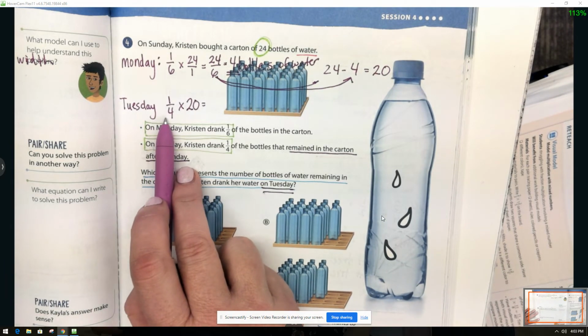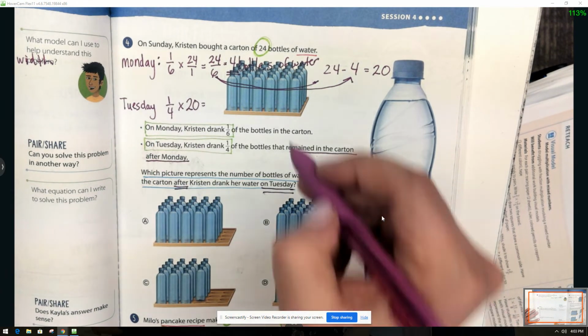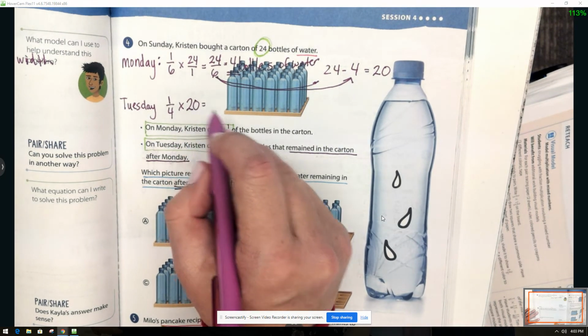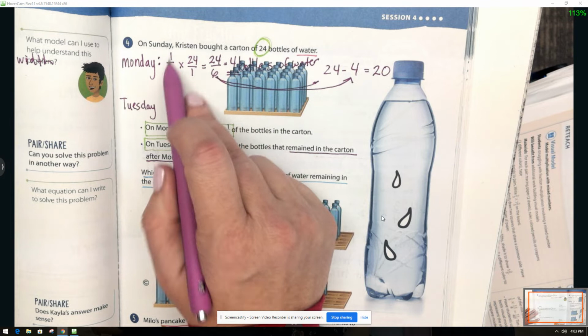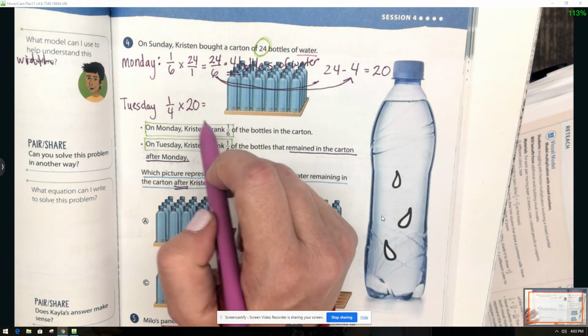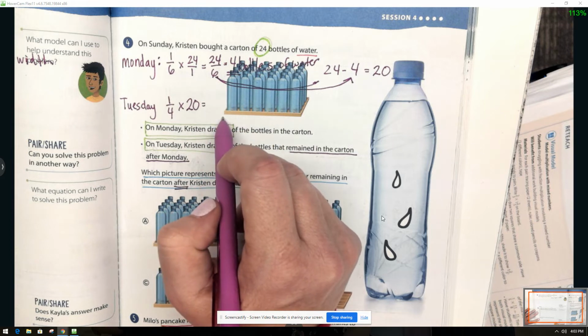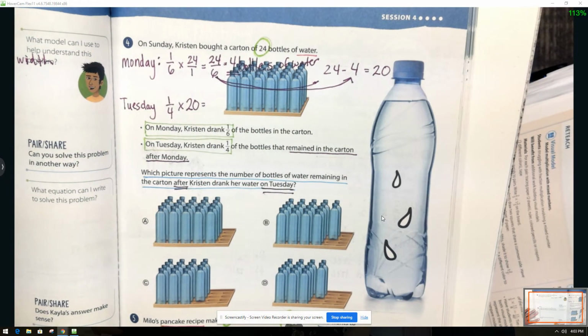Now on Tuesday, she drank 1/4 of 20 bottles. So first of all, similarly to how I figured out how many she drank on Monday, you need to find out how many bottles of water she drank on Tuesday. But then you're not done yet.